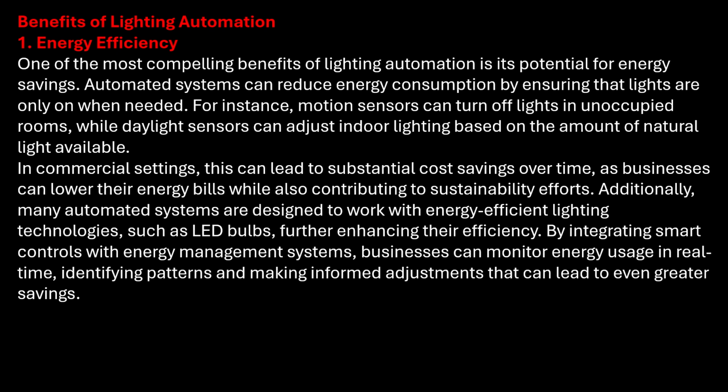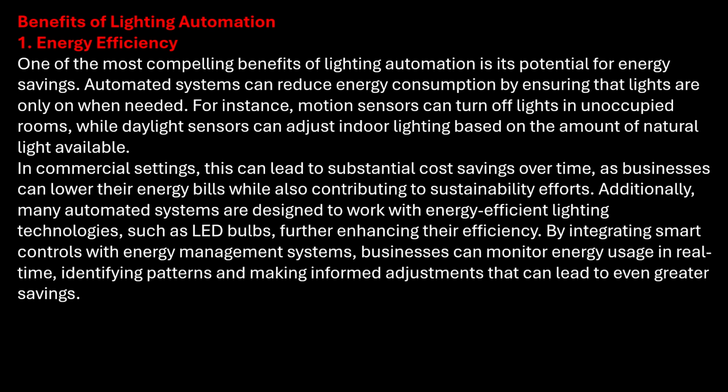For instance, motion sensors can turn off lights in unoccupied rooms, while daylight sensors can adjust indoor lighting based on the amount of natural light available outside. In commercial settings, this can lead to substantial cost saving over time as businesses can lower their energy bills while also contributing to sustainability efforts.